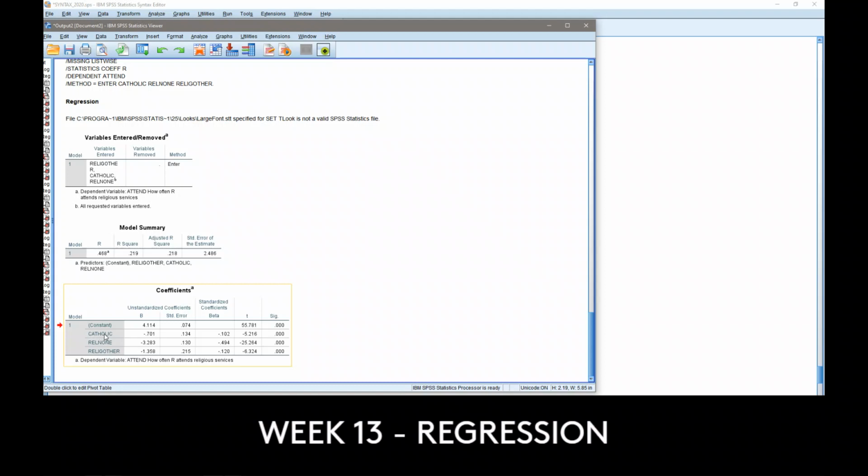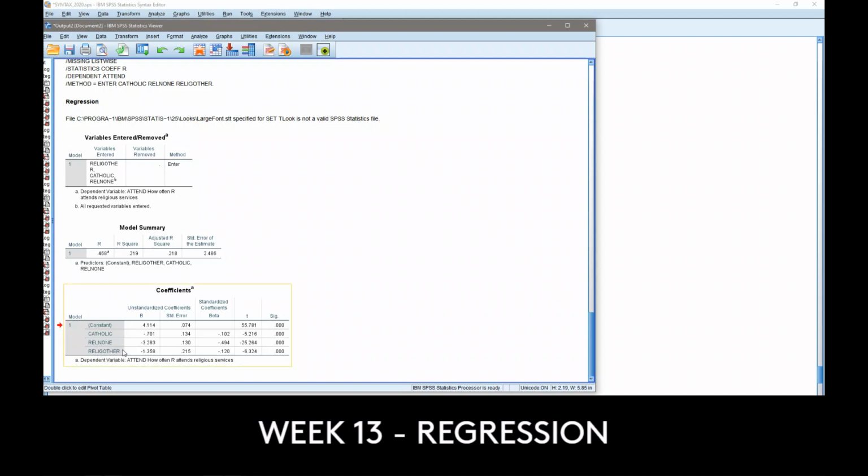When compared to Protestants, Catholics have a 0.70 unit decrease in their level of religious attendance, and that relationship is statistically significant at the 0.001 level. So what this is saying basically is that Catholics attend church less regularly than Protestants do, and that's expected.